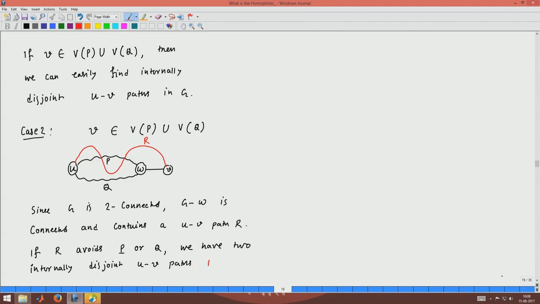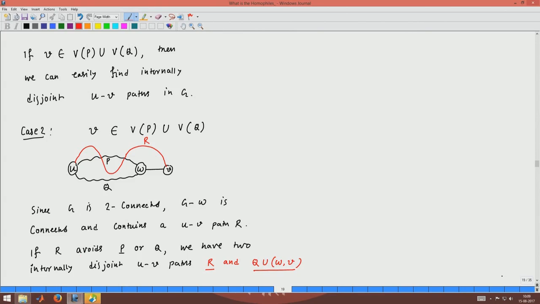One is this R, and the other one is Q union WV. So, these are the two internally disjoint UV paths. So, this is the first case in terms of R, of course.